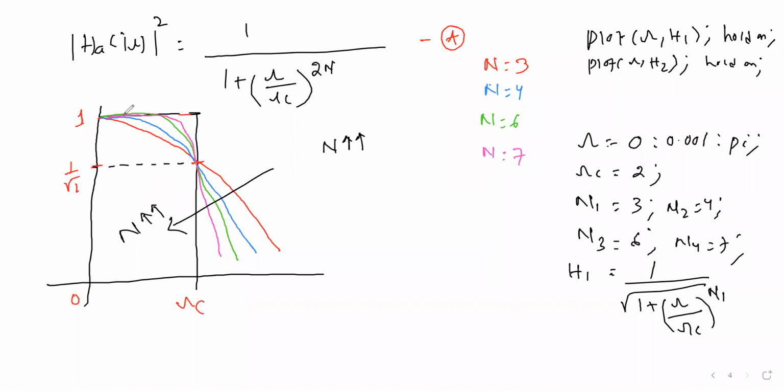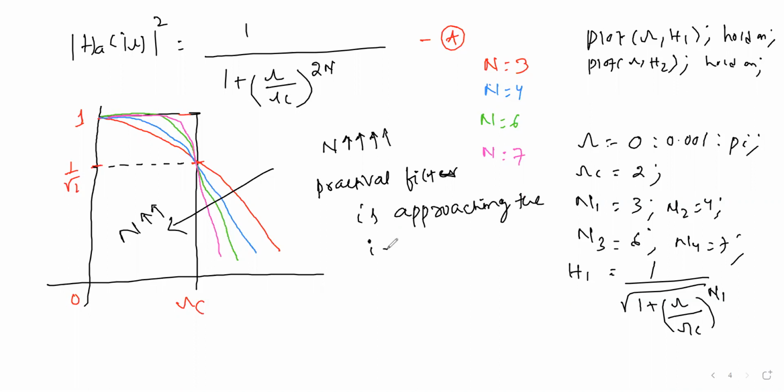If you do the next plot, then again it will come like this. So what is happening when n is increasing, when the order of the filter is increasing? The practical filter is approaching the ideal filter. Do you agree with me, yes or not?